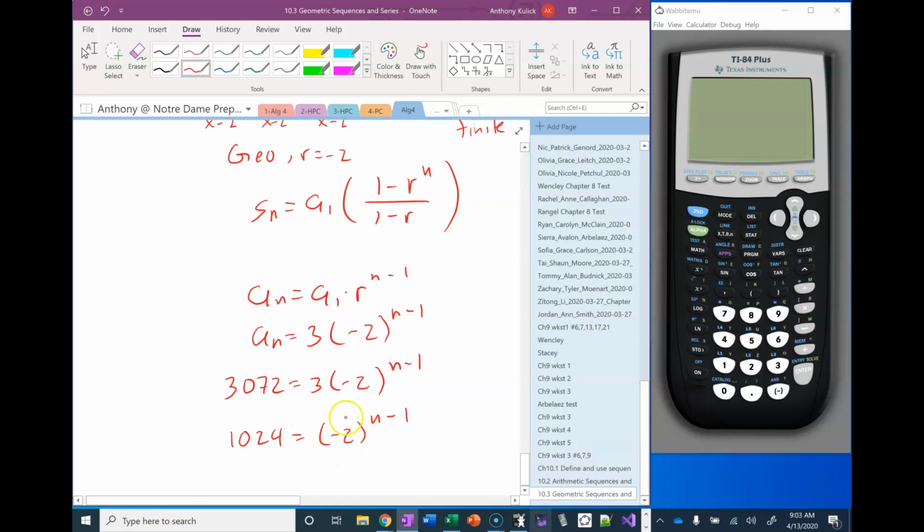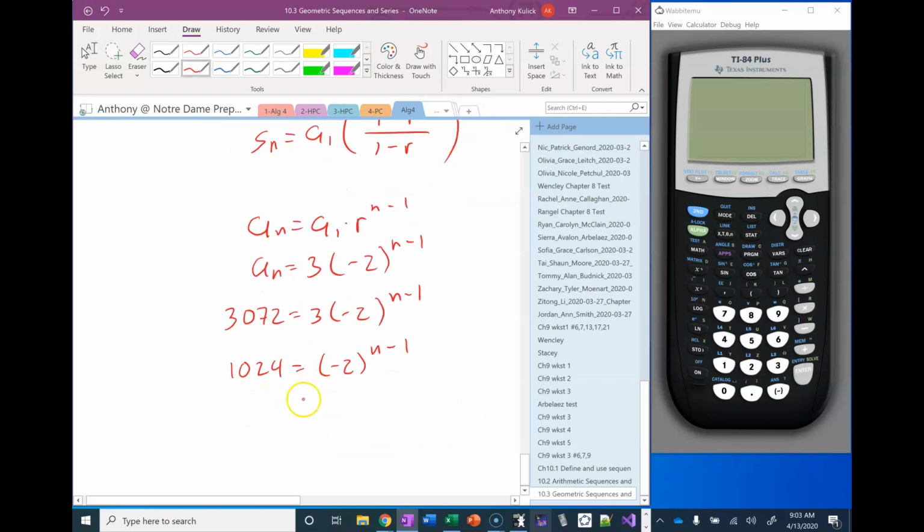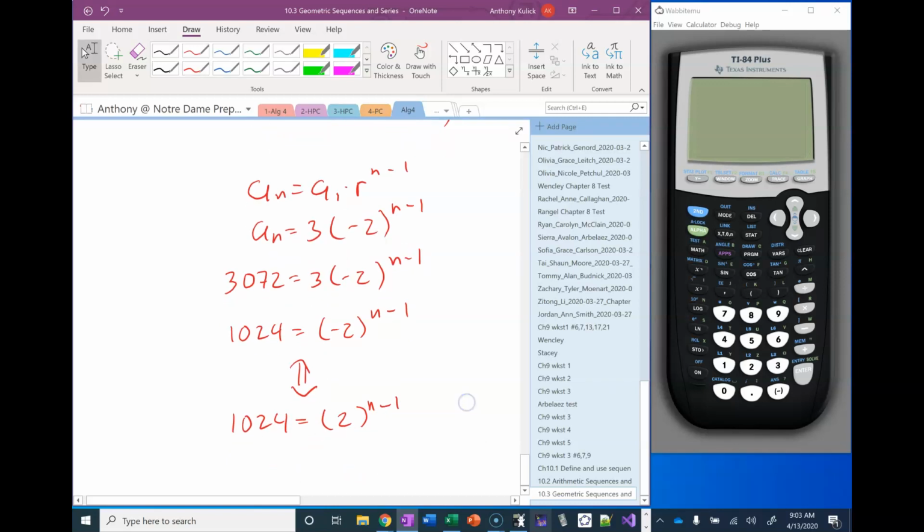I'm going to know that this value for n is going to be equivalent to the answer as if this was a positive 2. How do I know that? Well, let's just pretend it works, and then we'll go back and check that this solution, when the 2 is positive, still satisfies this equation when the 2 is negative.